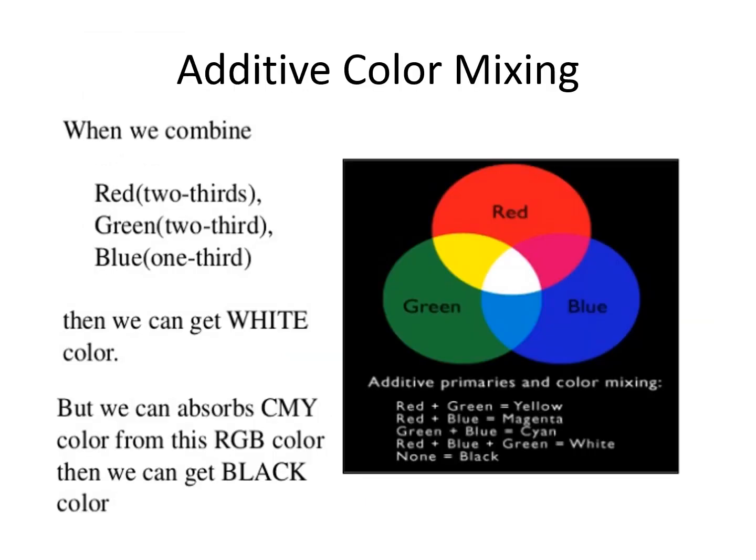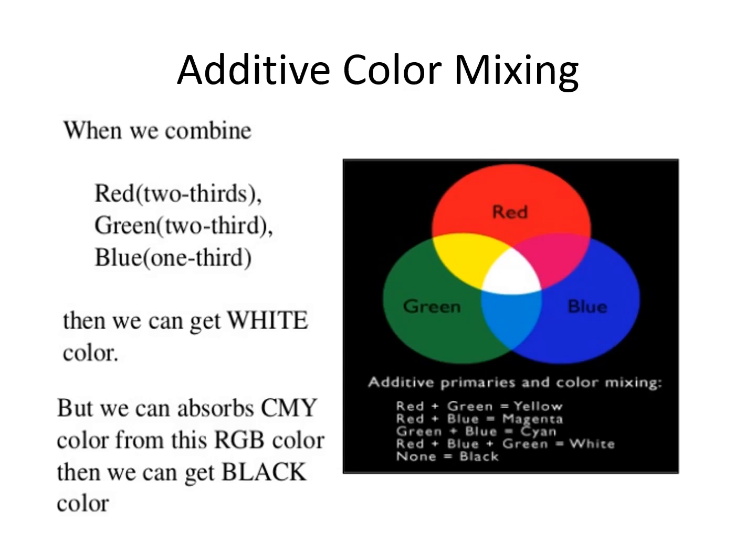Additive color mixing. Here we normally combine red, two-thirds of green, and one-third of blue, and then we can get white color. But we can observe, in terms of the CMY color model from this RGB color, that we can get black.